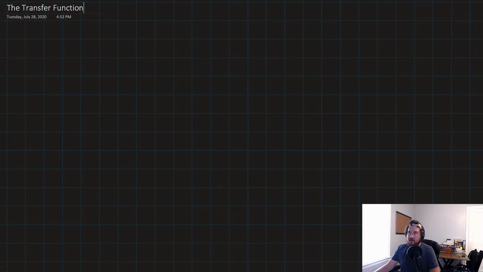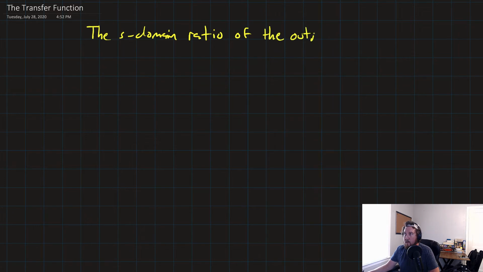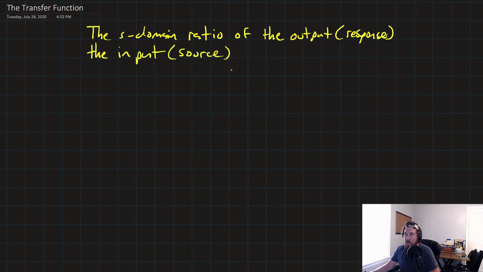So as we just talked about, our transfer function is what we're going to define as the S-domain ratio of the output, otherwise known as the response, to the input, otherwise known as the source.